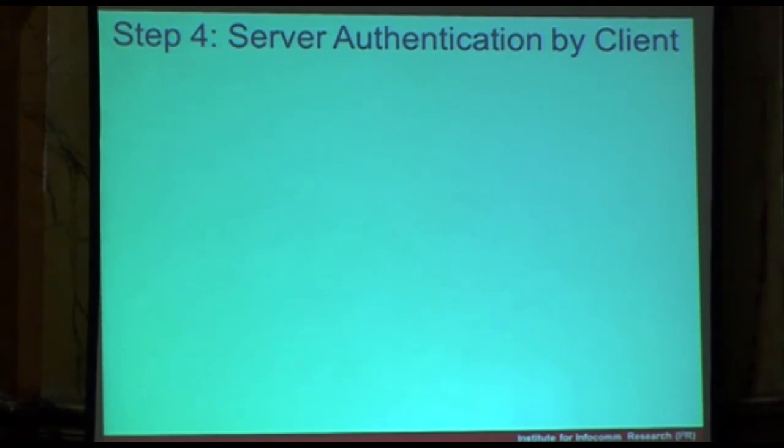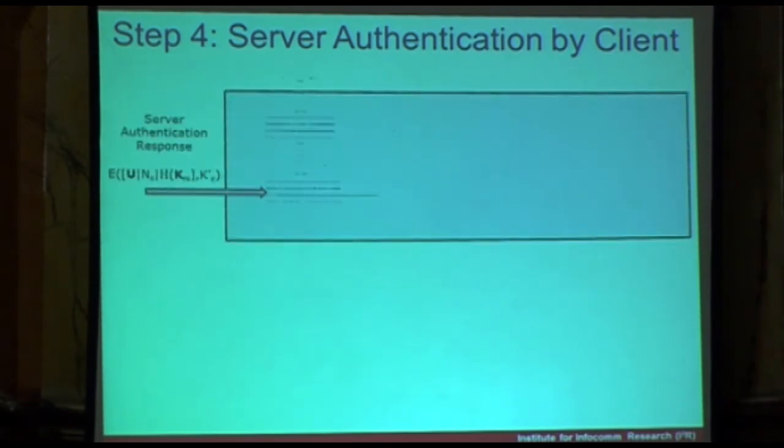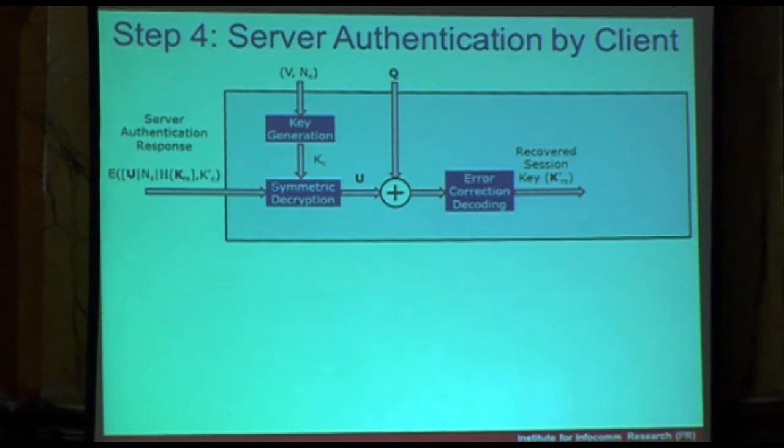And finally, step 4 is the server authentication. Here you have the decryption. Basically, you combine this Q, which was obtained in step 1, with the U, which is obtained from this authentication response. And then this is used to recover the session key, which you can use to verify whether the authentication is successful.